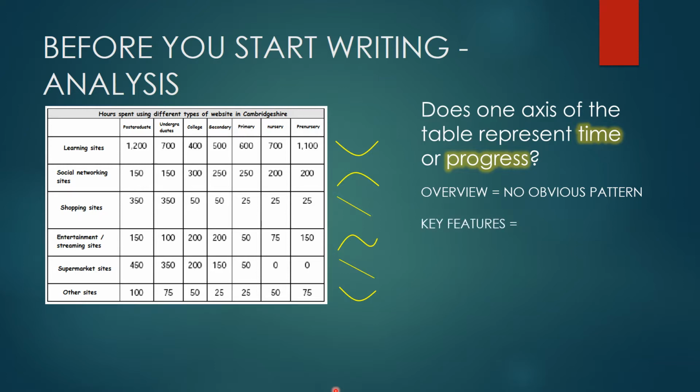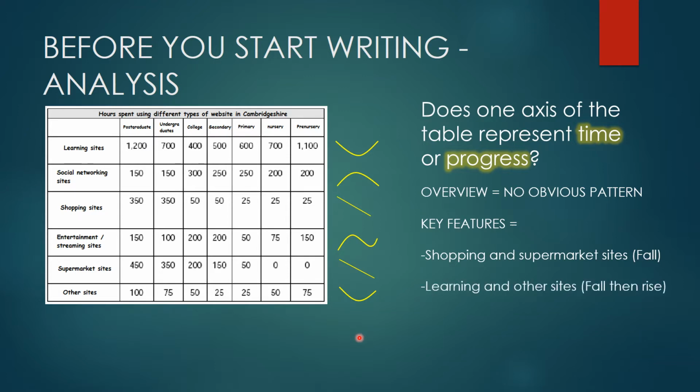Key features. When you look at the patterns by following the horizontal axis here, you can start to see a pattern. Shopping and supermarket sites both fall. Learning and other sites, use of these sites falls and then rises.